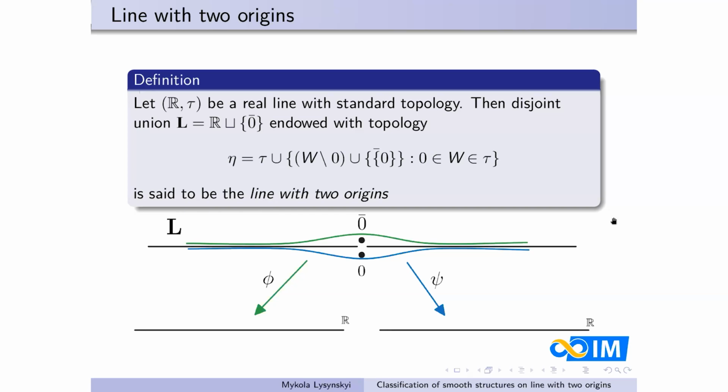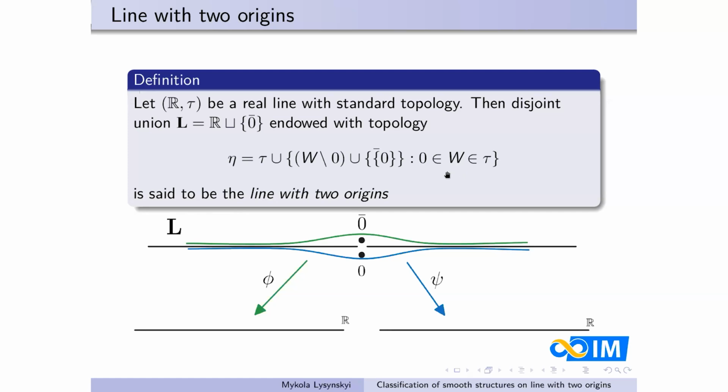Then the joint union L of R and a point, we'll call this point 0 dashed, with topology eta, which is just the union of tau with neighborhoods of 0 in which we replace 0 with this point 0 dashed. Such a space is said to be the line with two origins.